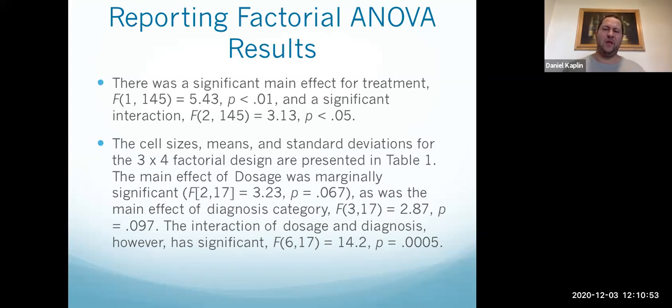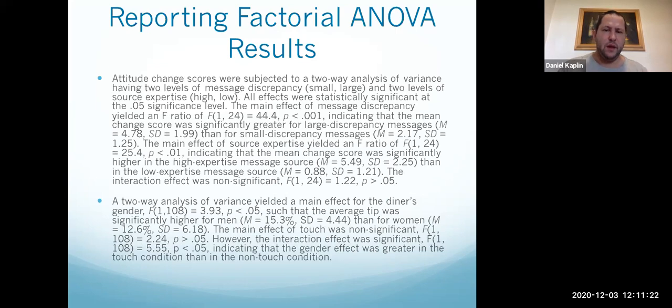What's interesting, when I write this, I would report that as non-significant because of the way I was trained. Now, the interaction of dosage and diagnosis category was significant. Look at this p-value. P equals 0.0005. Now you could write that as p is less than 0.001. But here are just examples of how you write these things.